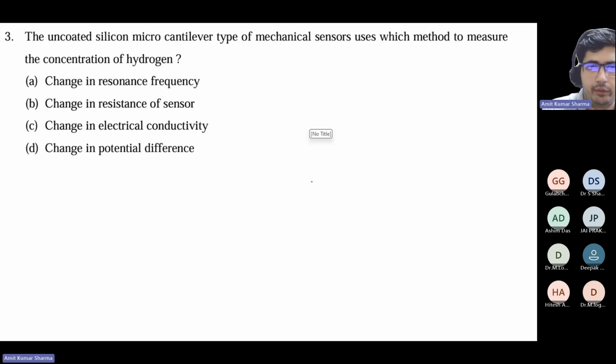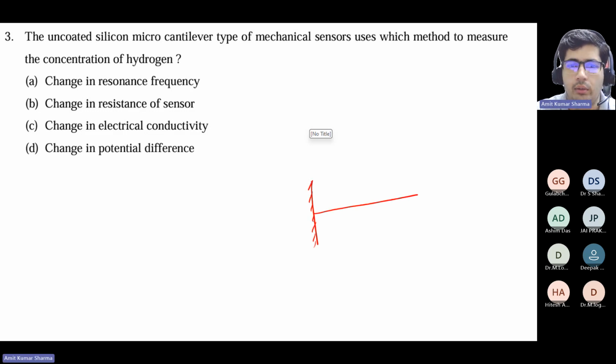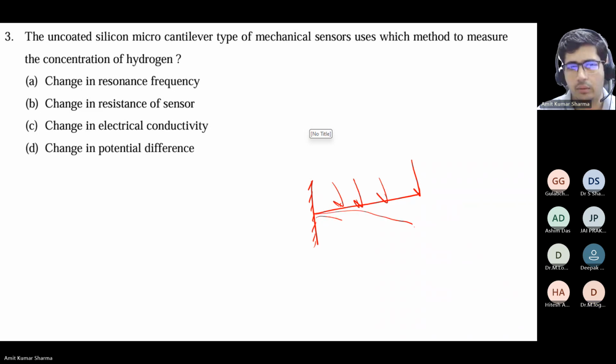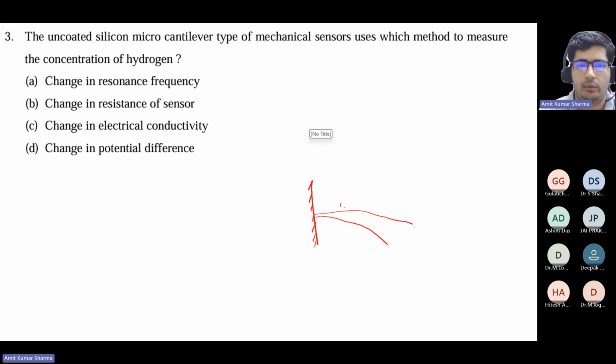So in a cantilever beam, one end is fixed. You can apply loading here, here, anywhere. Based on the point of loading, the deflection or the bending will be different. This is used in mechanical engineering, but here we are using the same concept.